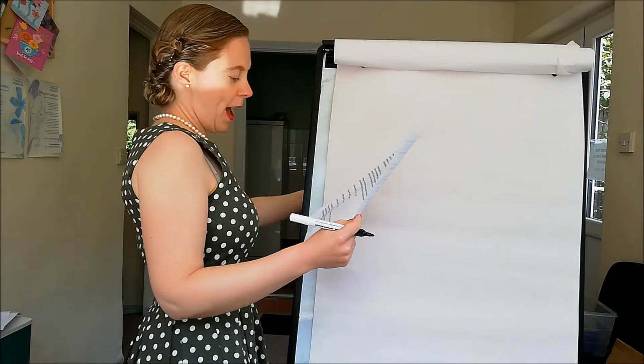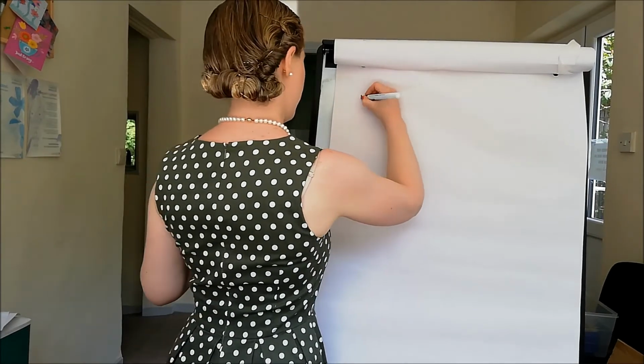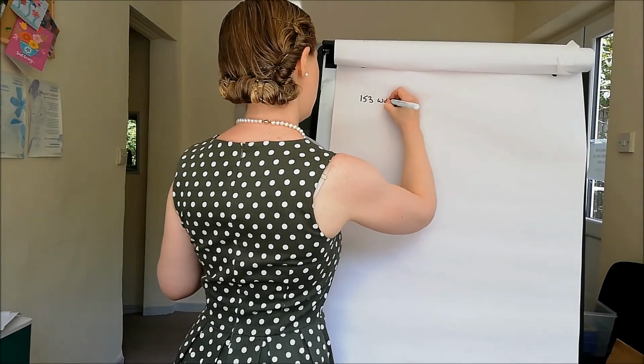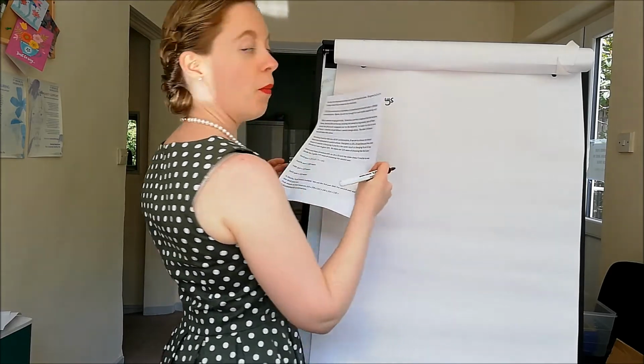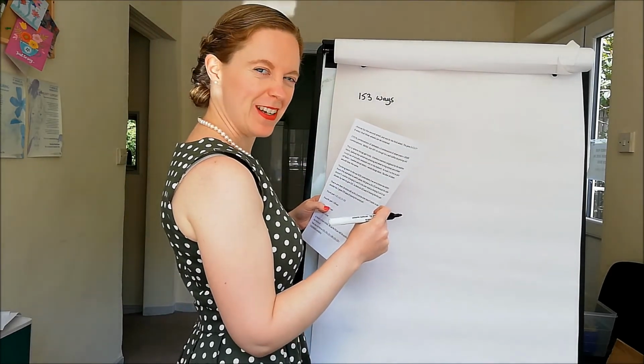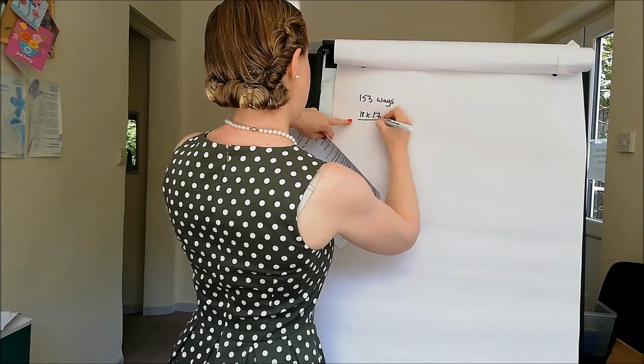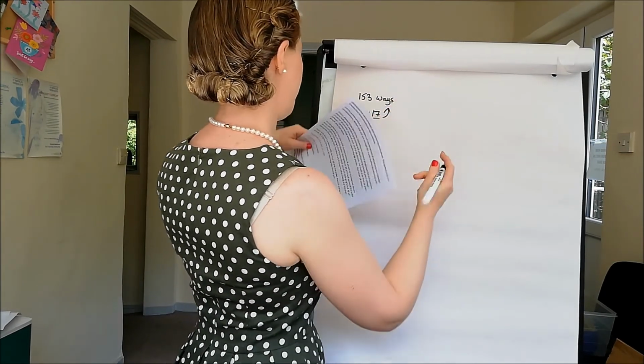For our fifth pair, we have 153 ways. I've forgotten what numbers I just wrote on the other page, so I think it might have been 18 and 17. Yeah, I think that's 18 times 17 divided by 2, that one.